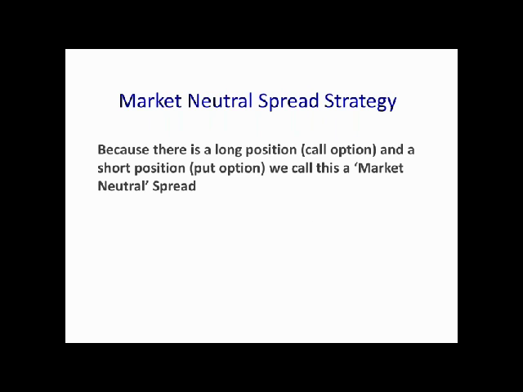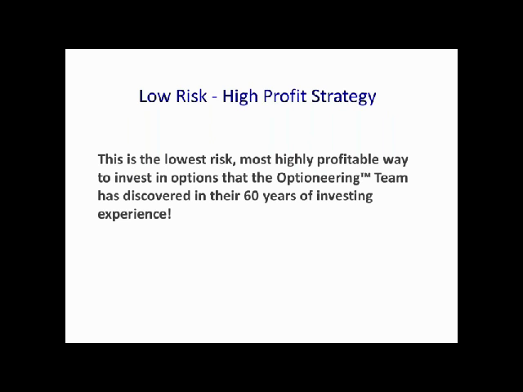So when you have a winning call option and then you buy a put option, we call this a market neutral spread, because the call option, of course, profits if the market goes up, and the put option profits if the market goes down. So we call this a market neutral spread, and it's a very low risk way to trade options.